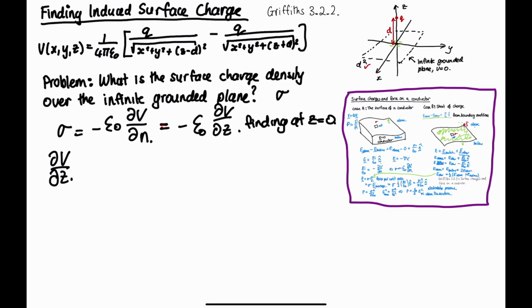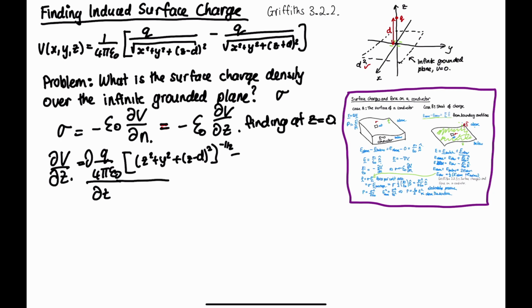Now I find, because the z is underneath a square root and squared here, let's write it out as Q over 4 pi epsilon naught, and then we're doing d/dz of everything here. We've got x squared plus y squared plus z minus d squared, and that is to the negative 1/2, minus, sorry, that's x squared plus y squared plus z plus d squared, and this is also to the minus 1/2.